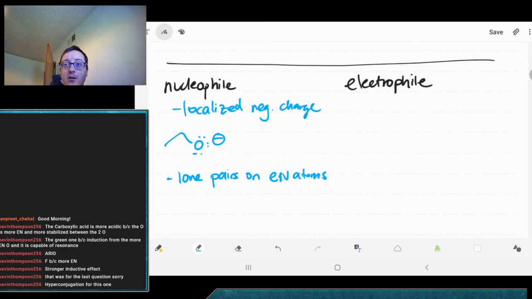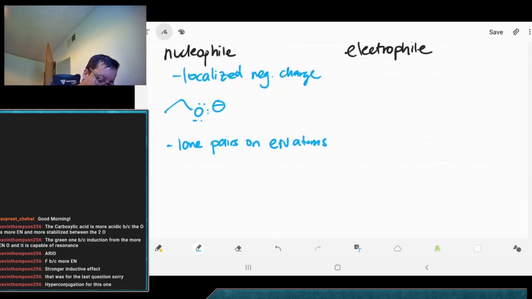Those are our other ways we can get nucleophiles. And then also we're seeing factors that destabilize negative charges.